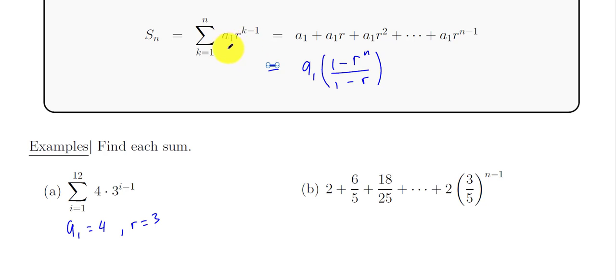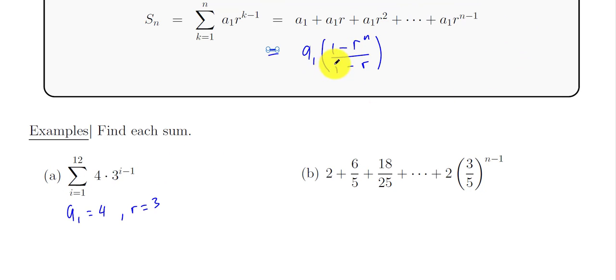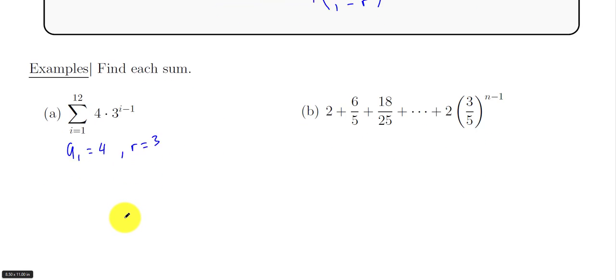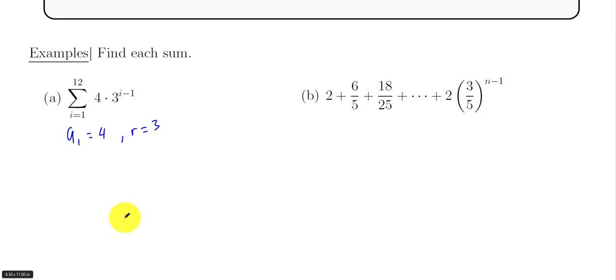Now we can see that we have the same type of formula here, so we can apply this formula to find a sum for this one. So I know that the formula Sn is equal to a1 times 1 minus r to the n over 1 minus r.